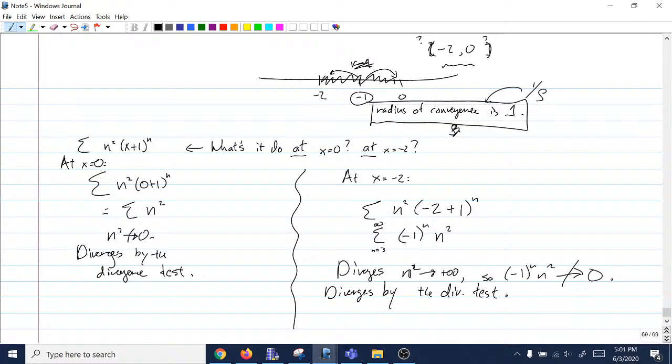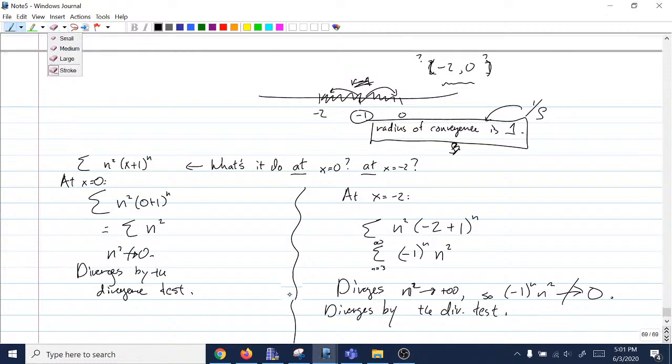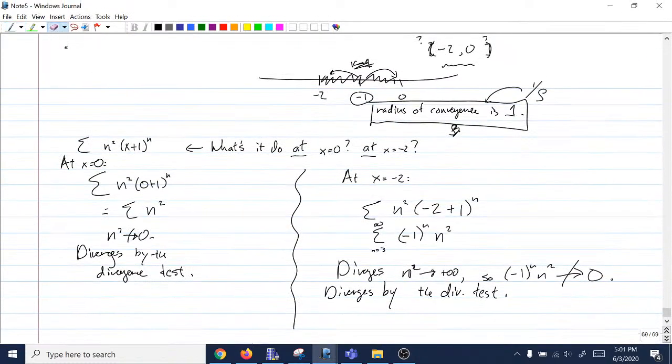So our interval of convergence, I'm now able to answer with both of these answers. Negative 2 is not in the interval of convergence. The interval of convergence is the interval of points where it converges. Negative 2 is a point where it diverges, so that's not in the interval of convergence. Open parenthesis.